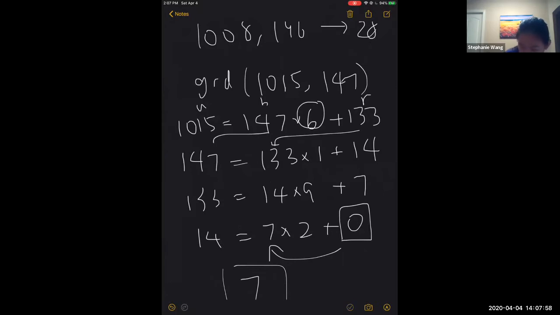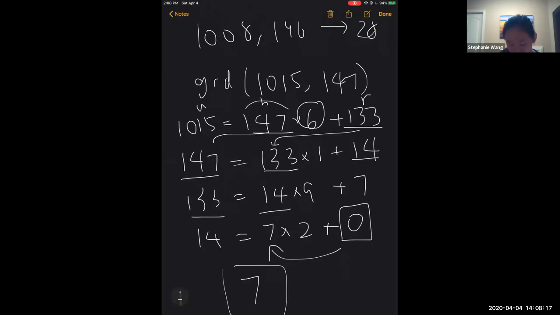So 147 goes over here, and 133 here was 133 there. Similarly, we put this 133 over here and take the 14 and put it here. Basically, we just continue to divide what's here by the remainder until we get a remainder of 0. Once we get a remainder of 0, we know that the GCD is going to be the divisor, basically the previous remainder.